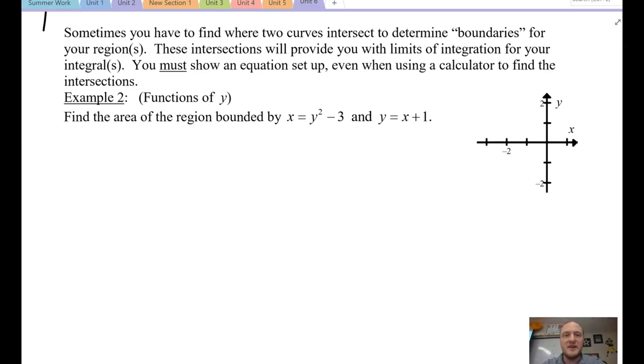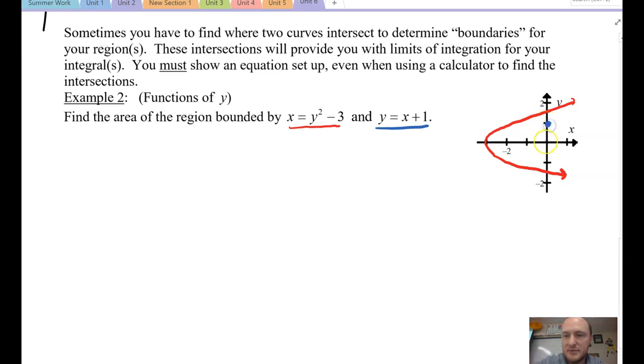Now, here they say find the area of the region bounded by x equals y squared minus 3 and y equals x plus 1. So we have a function x equals y squared minus 3. That's a sideways parabola. And it looks something like this. Okay, and we have y equals x plus 1.